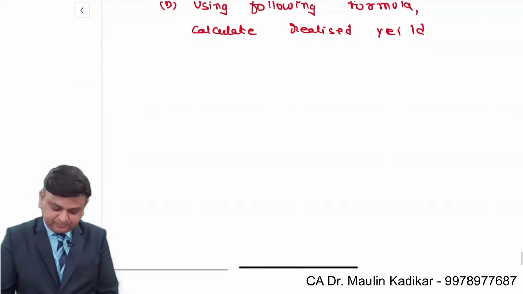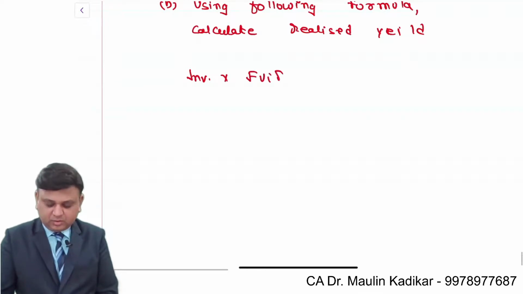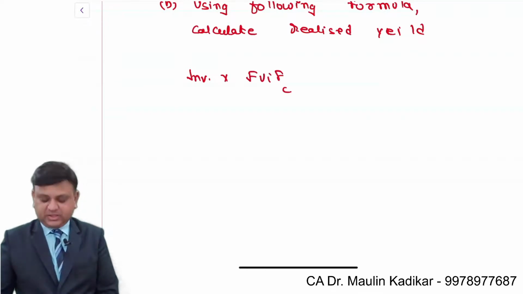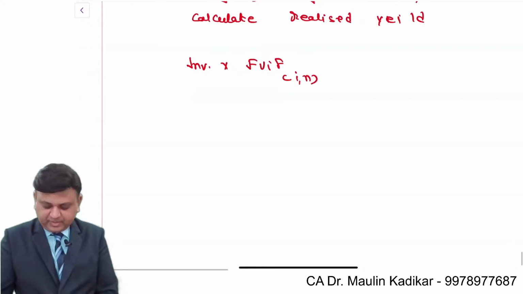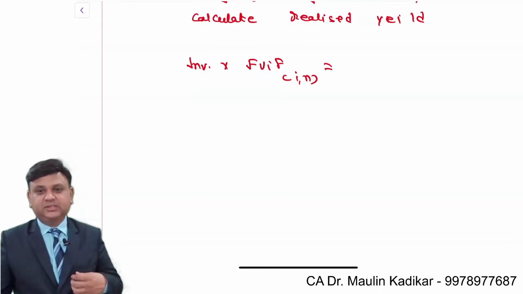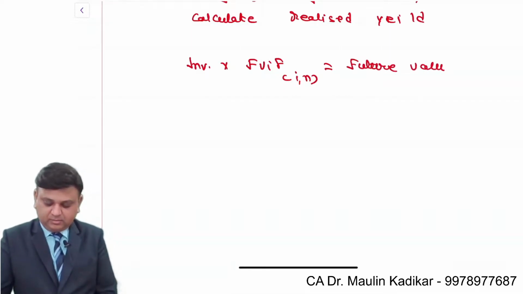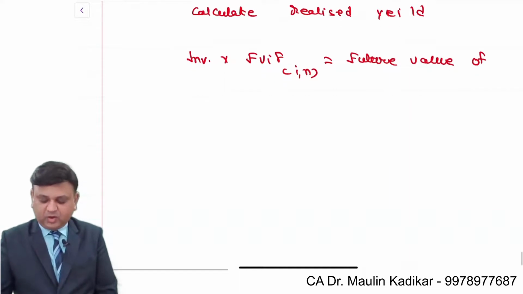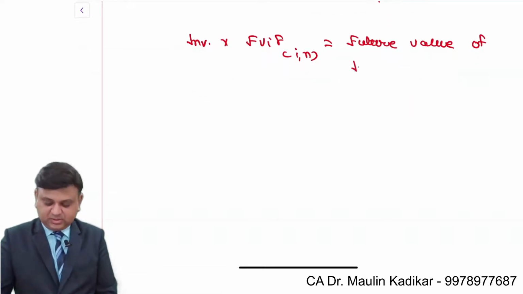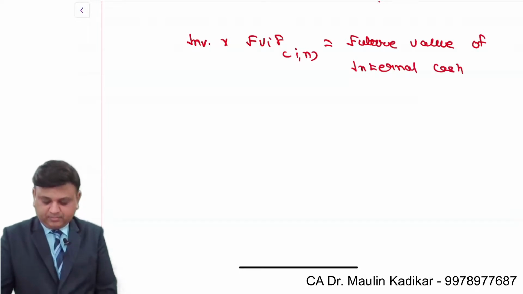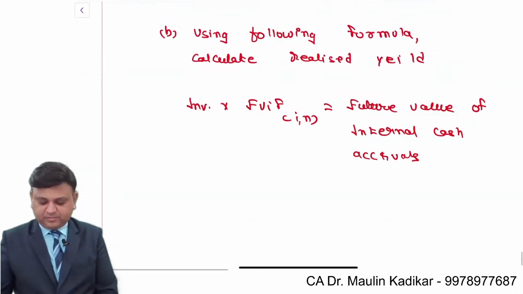Write down the formula: investment into future value interest factor at I for n number of years is equal to the future value of internal cash accruals.